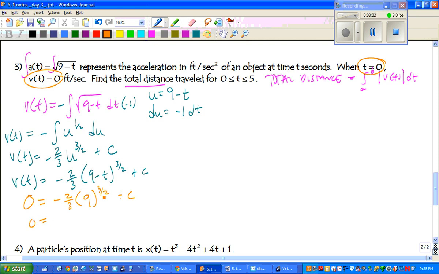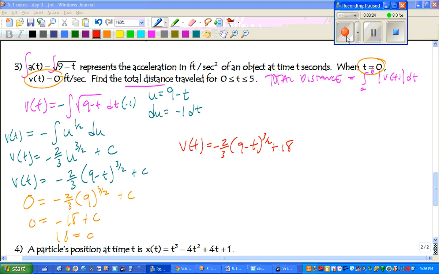So if we take 27 times negative 2/3, we end up getting negative 18. So c comes out to be 18. That means our velocity is going to be negative 2/3 times 9 minus t to the 3/2 plus 18.